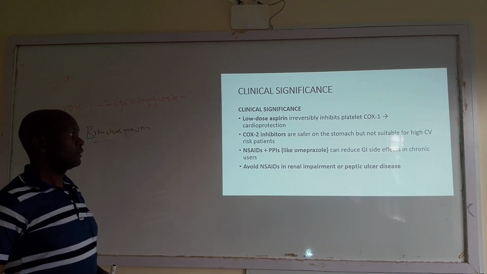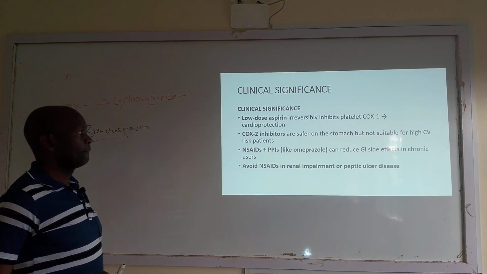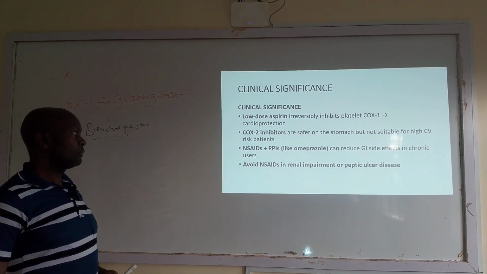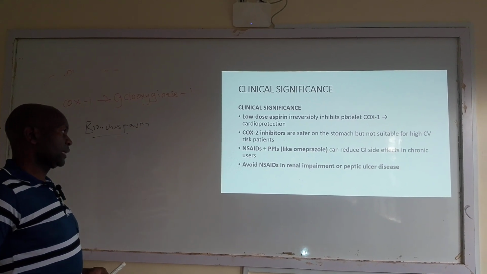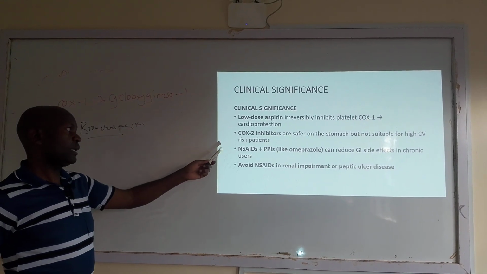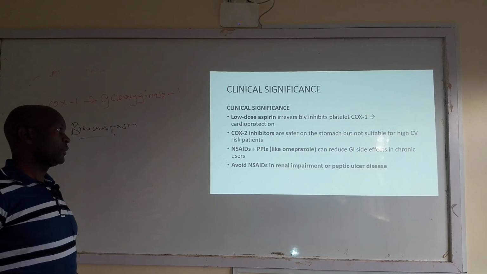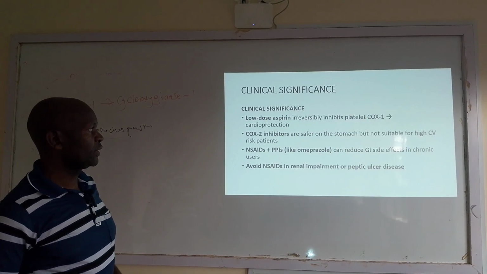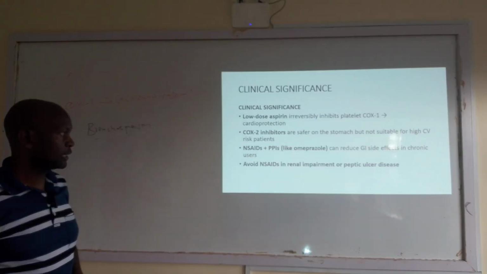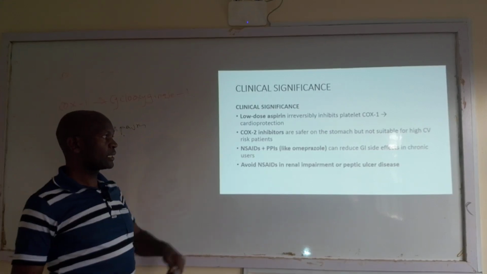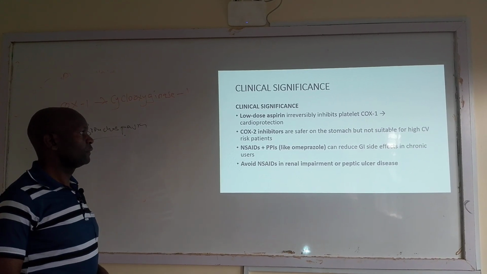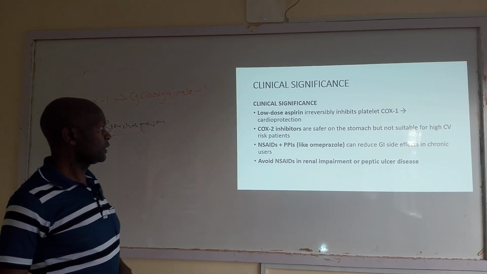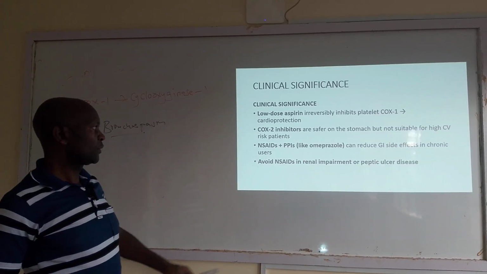That is, they don't have much effect, but they are not suitable in patients who have cardiovascular risks. So when you are selecting COX-2, they might be a little bit fair on the GI, that is gastrointestinal tract, but they have a high risk in patients who have cardiovascular issues.